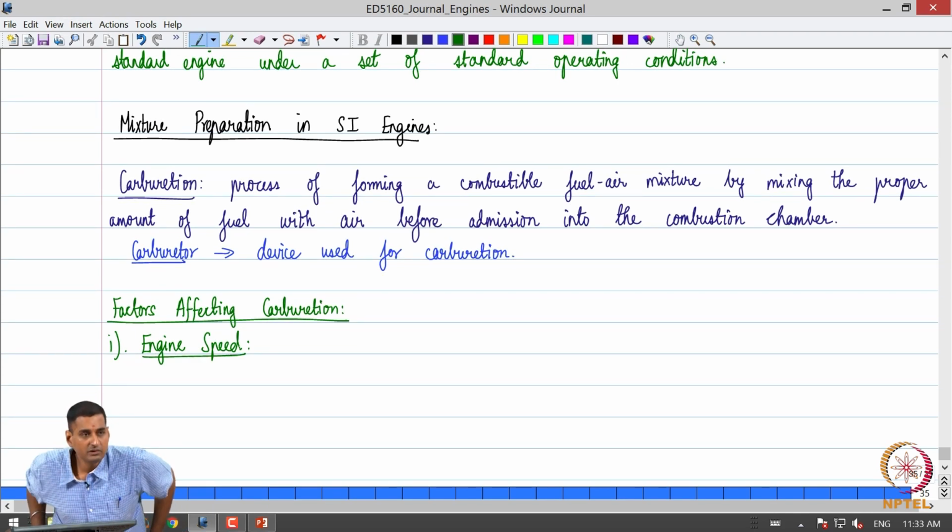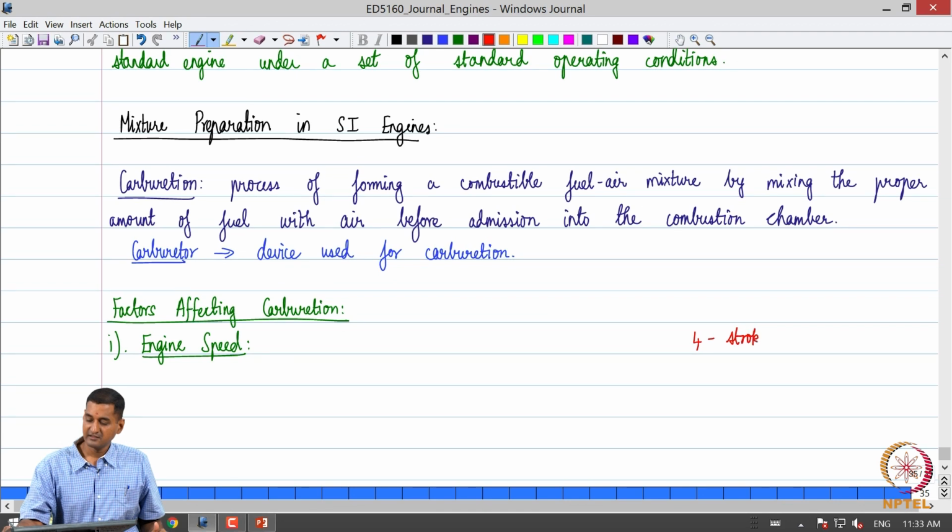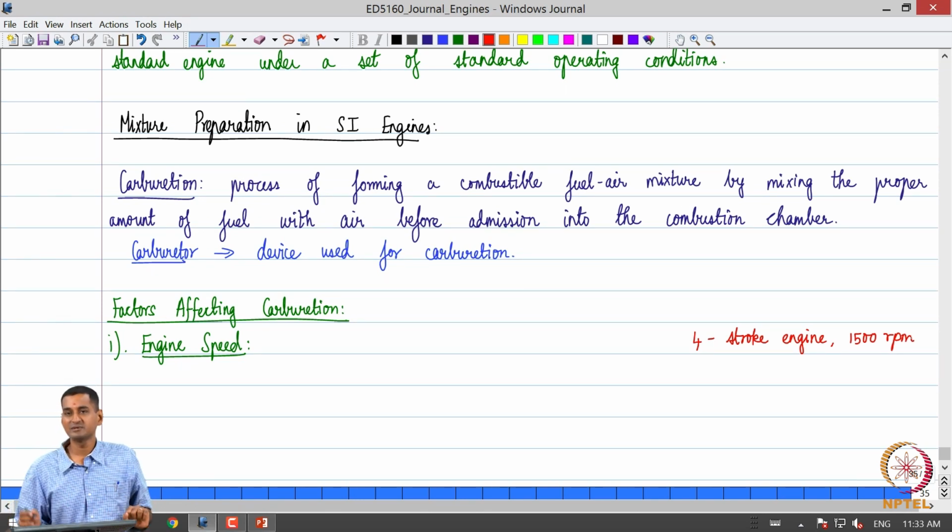Let us say we have a 4-stroke engine. I think if I remember correctly, we have done this calculation before. Let us say the engine is rotating at 1500 rpm. What is the time available for the suction stroke? If it is 1500 rpm, divided by 60, that gives 25 revolutions per second.